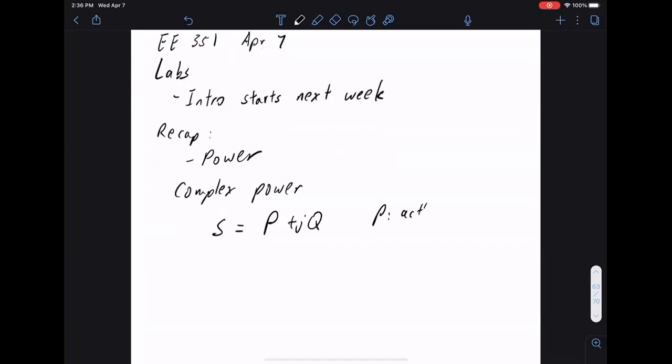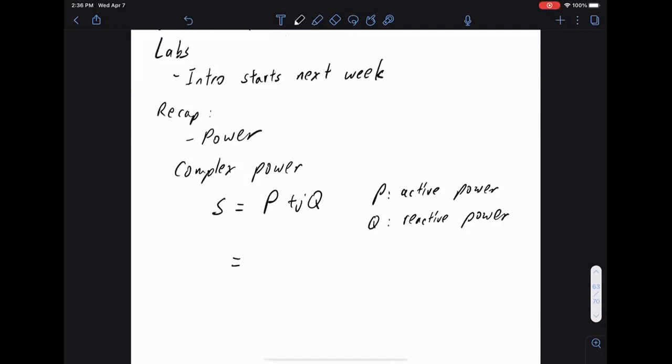P is the active power. Q is the reactive power. This is given by the equation V as a phasor times I as a phasor star, where the star is the complex conjugate of the current.